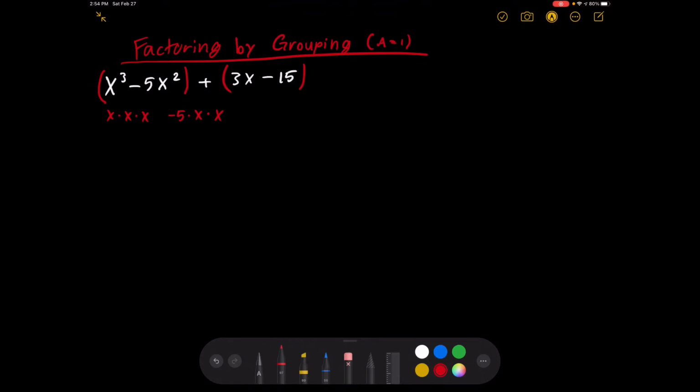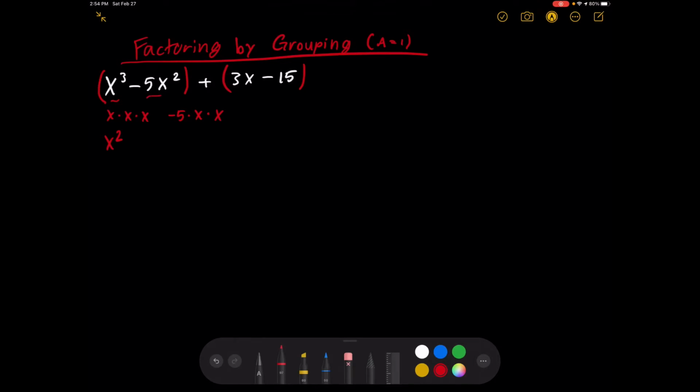So what do they have in common? That's what we need to be looking for. You'll notice they both have an x times x in common, and x times x is just x squared. So that's what they have in common. What we're going to do is take that out of each of them. We're going to take it out of the x cubed, and we're going to take it out of the 5x squared.